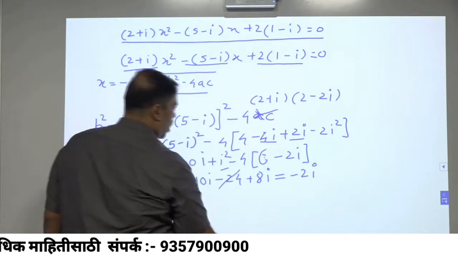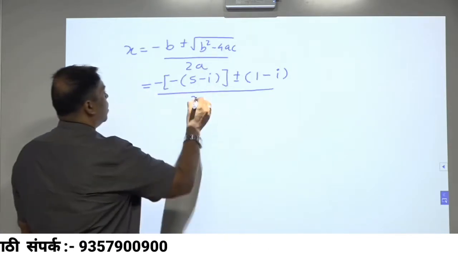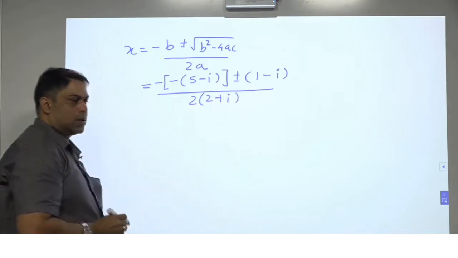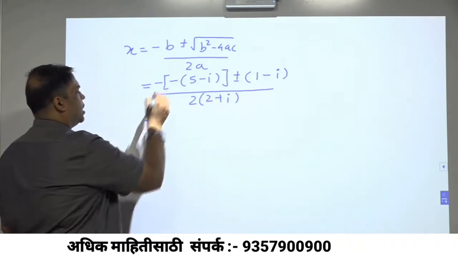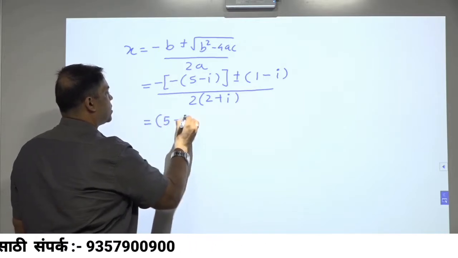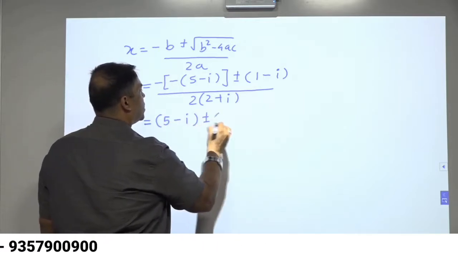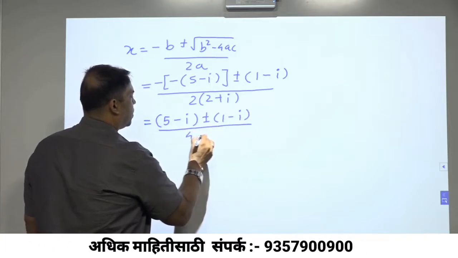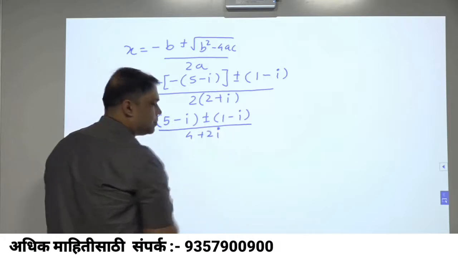Getting it? So I will write 2 plus i and solve this. Minus minus will become plus. So 5 minus i plus or minus (1 minus i) upon 4 plus 2i.